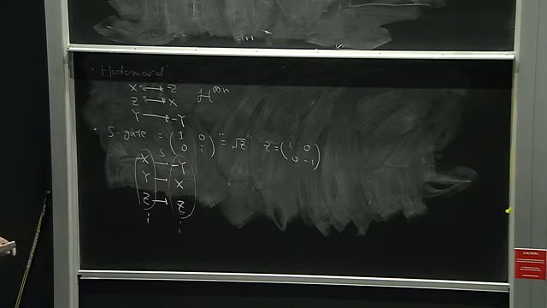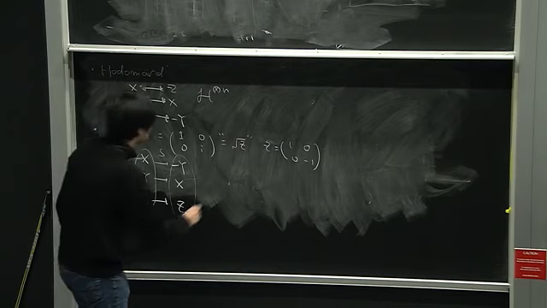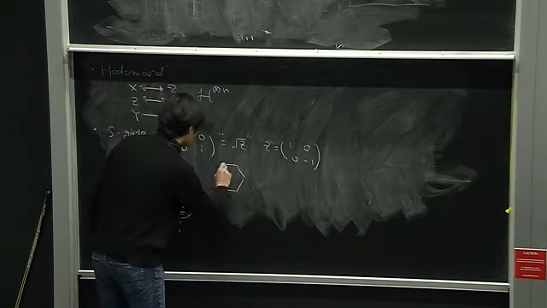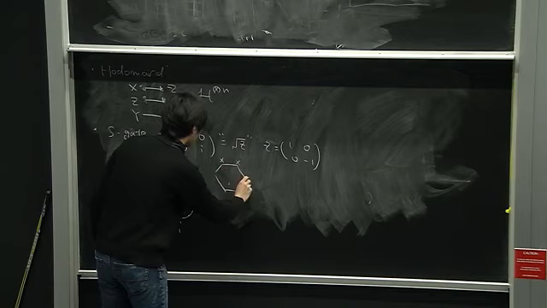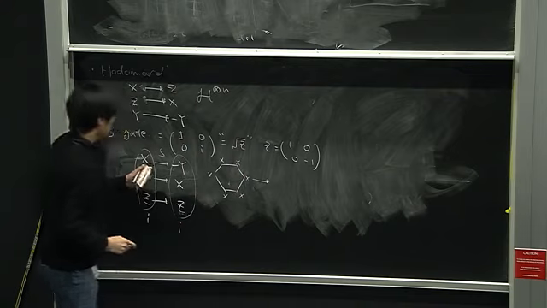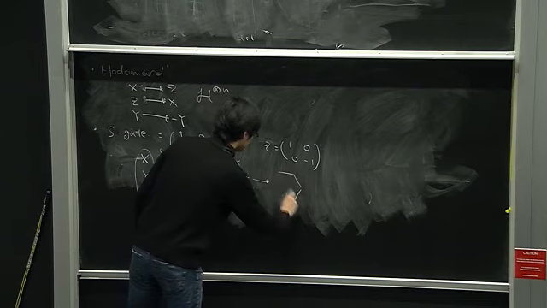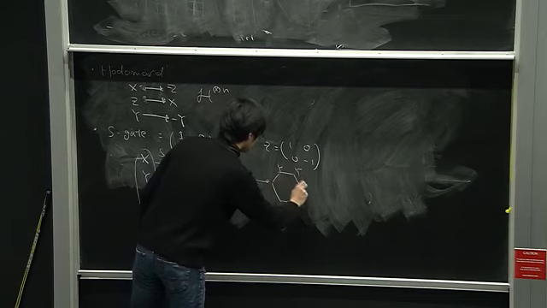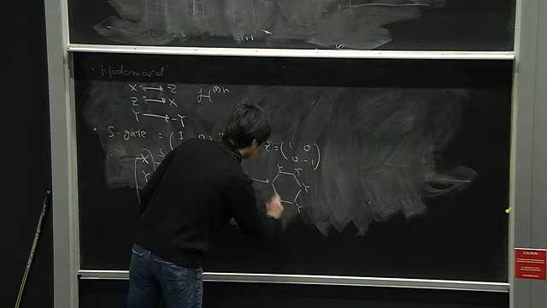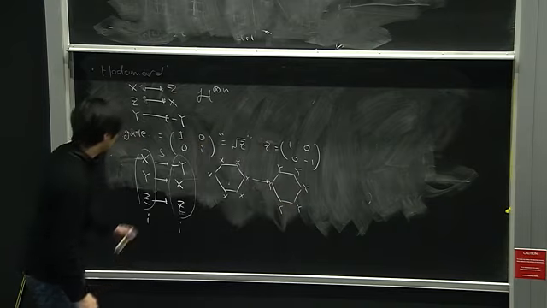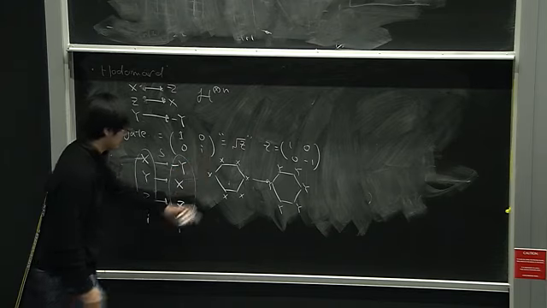So now if we apply the S operator everywhere on the lattice, what's going to happen is that the X operator will be changed to the Y operator, and the Y operator will be changed to the X operator.